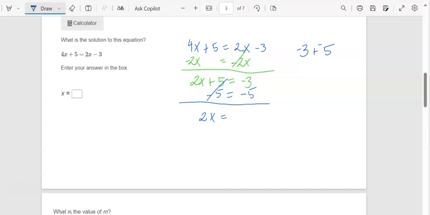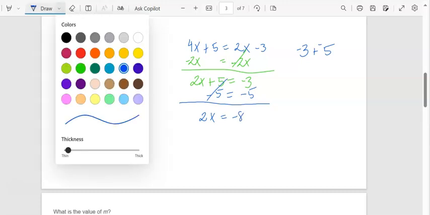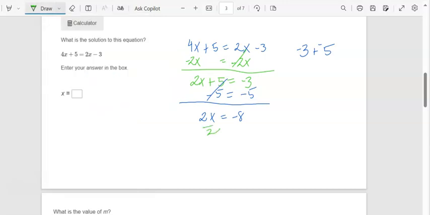Put it into your calculator if you're not sure about those integer rules. It's going to be negative 8. Then we're going to divide as our last step. Divide by 2 on both sides. Because these 2's cancel, negative 8 divided by 2 is going to get a negative and a positive. The answer is going to be negative 4.